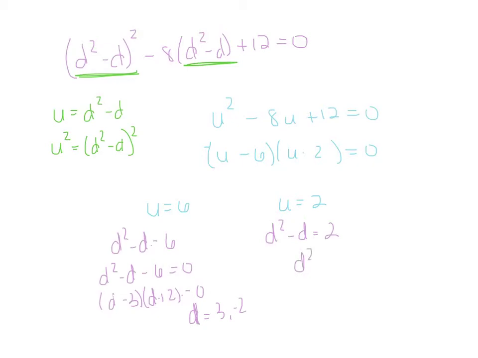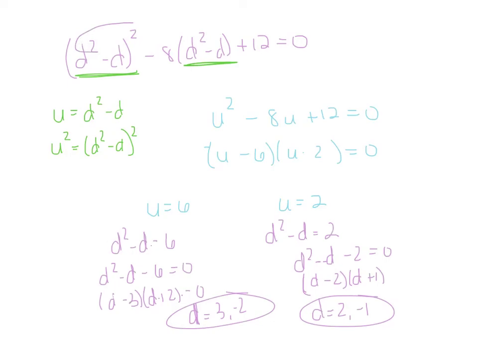And d squared minus d minus 2 is going to be d minus 2, d plus 1, and so d equals a positive 2 and a negative 1. You end up with 4 answers, which is fine, because if I had figured this out to begin with, that would have been a d to the 4th.